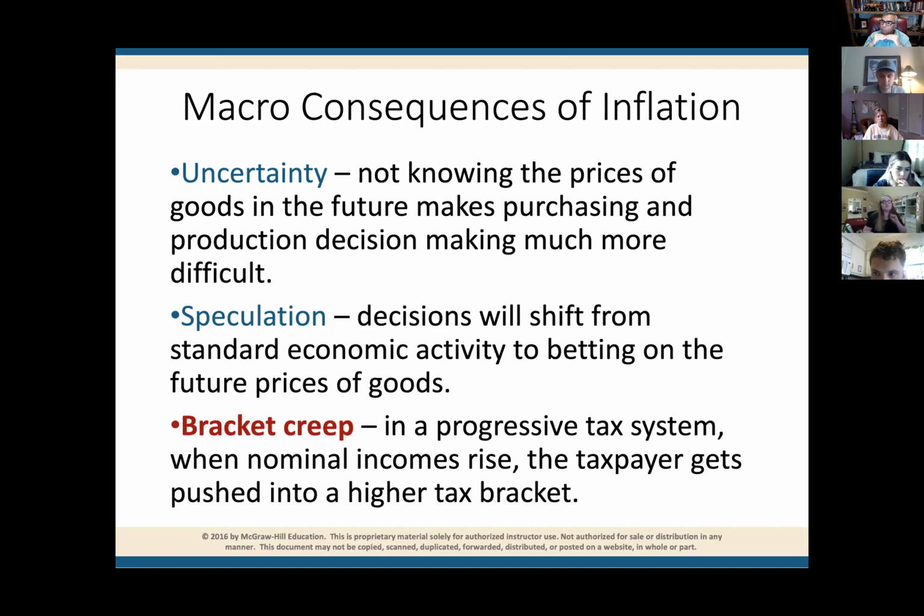Why? Because the nominal income moved you into a higher income tax bracket, and instead of you being better off, now you're actually worse off. You have to pay more taxes on the new income that you're receiving.